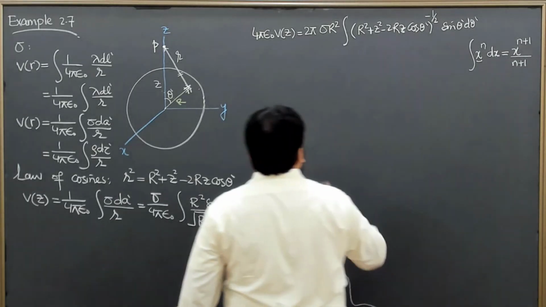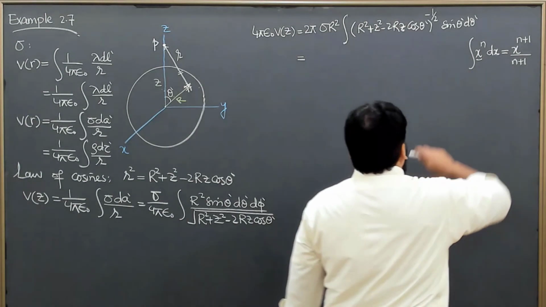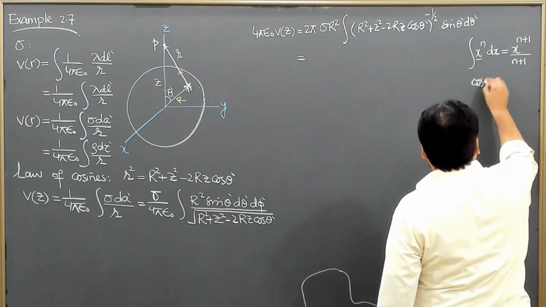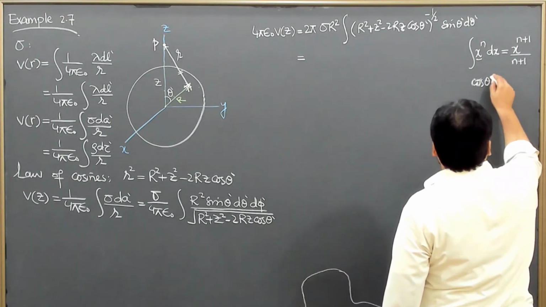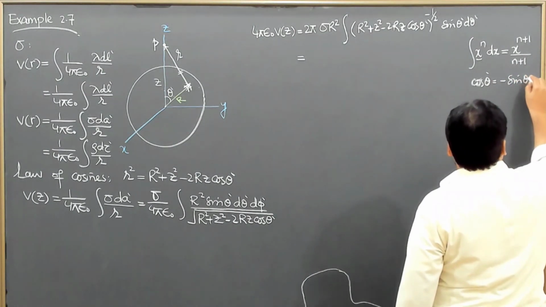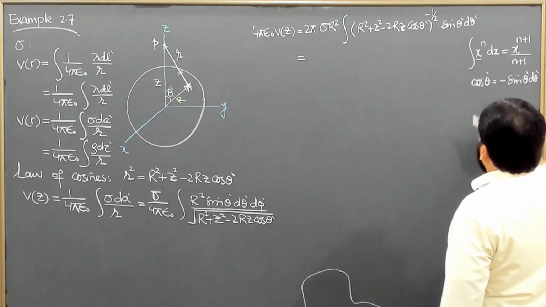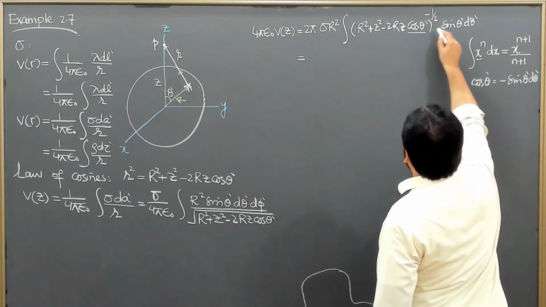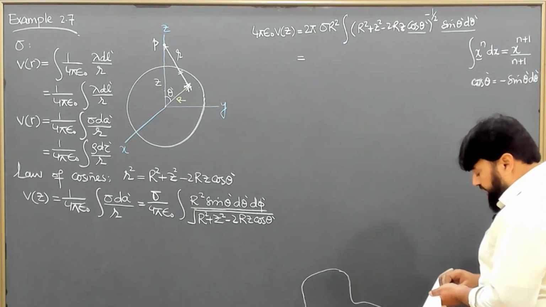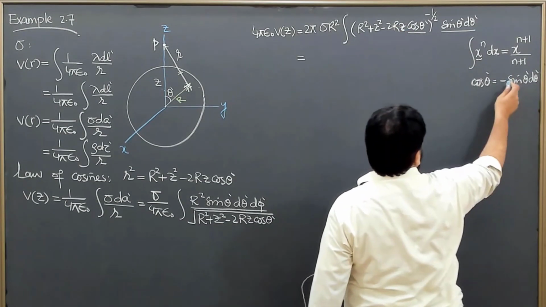Now if I look here, what's the derivative of cos theta? The derivative of cos theta prime is equal to minus sine theta prime d theta prime. So this one has this derivative. The derivative is here, but there are two additional terms, which means the minus is with this one.